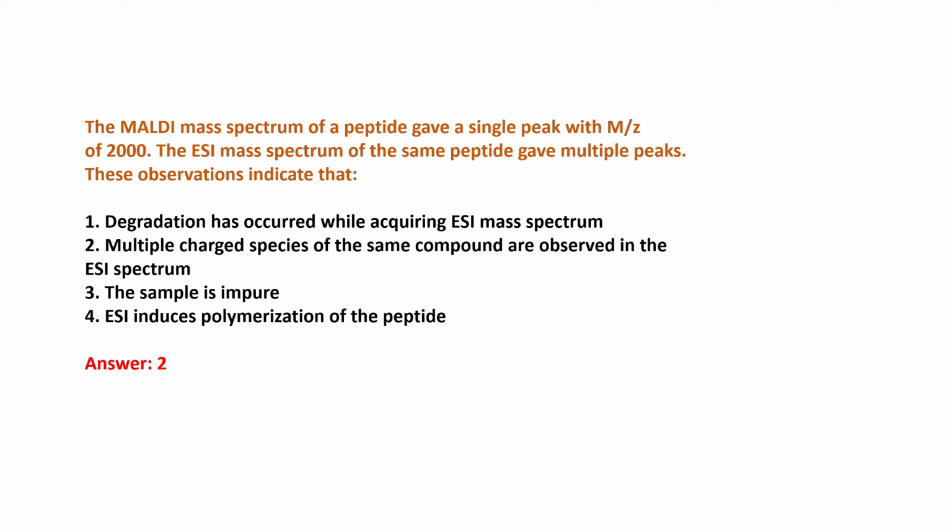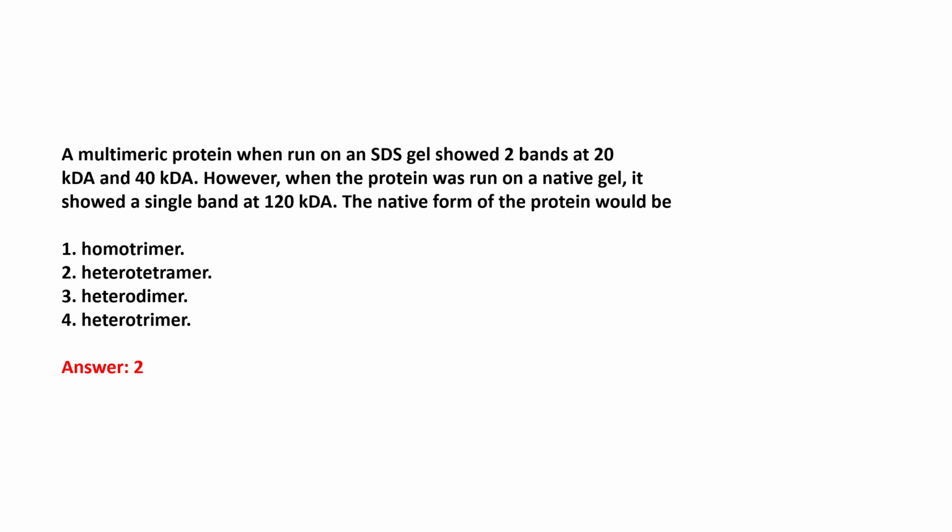Okay. Next. A multimeric protein, when run on SDS gel, showed 2 bands at 20 kDa and 40 kDa. However, when the protein was run on a native gel, it showed a single band at 120 kDa. The native form of the protein would obviously be a heterotetramer.